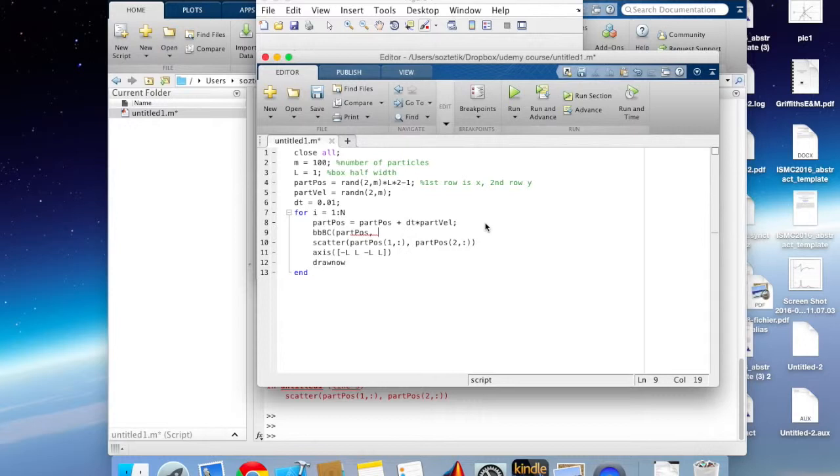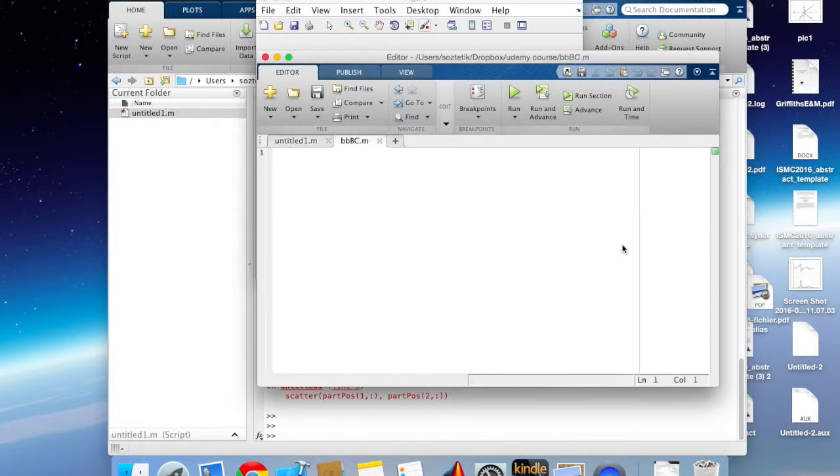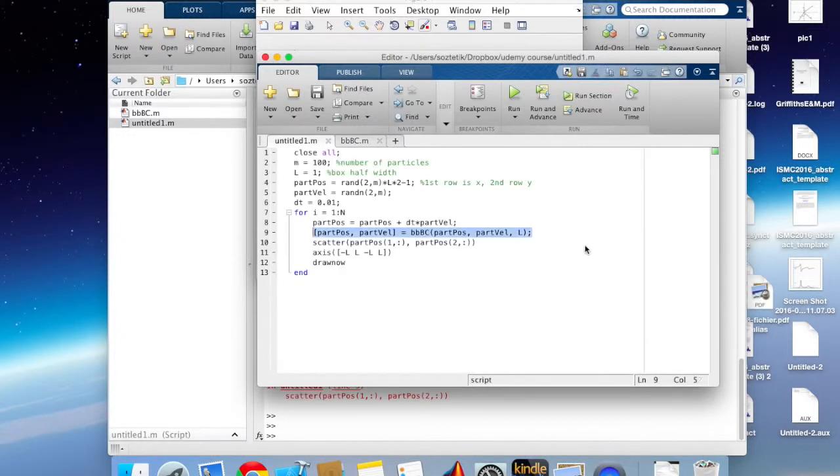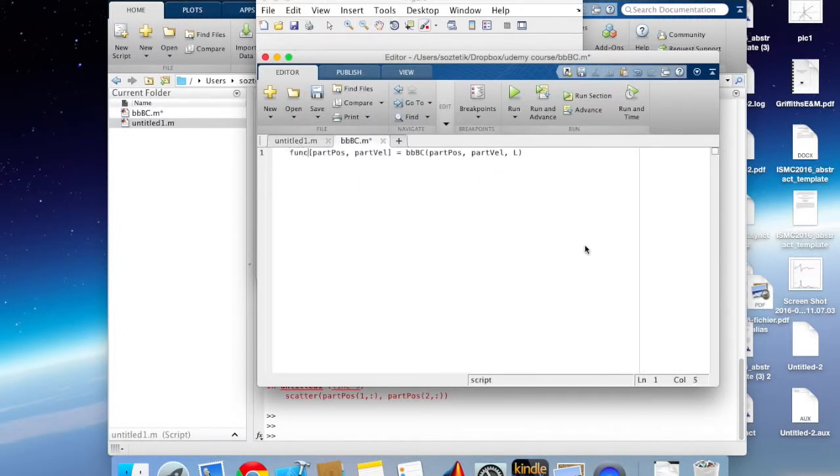This function takes particle position, particle velocity, and the boundaries, and it gives out particle position, particle velocity. Okay, for this case, I'm going to copy all of this over here, make it a function. Now you need a loop that checks which particles have crossed the boundary.